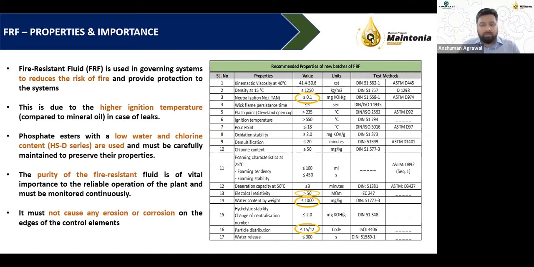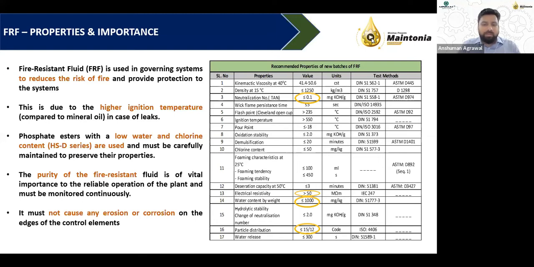This is the older version of ISO 4406, because most of the OEM manuals and oil supplier manuals bear the same codification. So with these ISO levels, you can rest assured that if you are maintaining such solid particulate levels in the fluid, then you are going to have a good life for this fire resistant fluid.